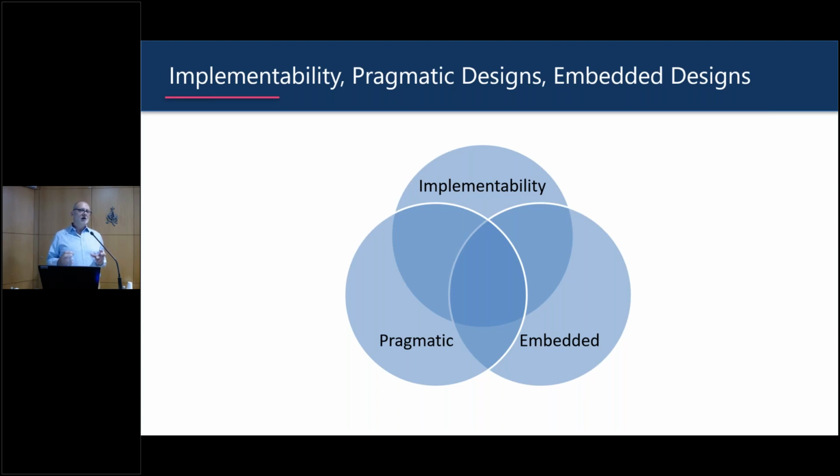There are features that overlap very substantially, but it is often subtly different, in that the purpose for which a particular feature is being utilised within a design can independently influence any of implementability, the pragmatism of the design, and how embedded it is into routine clinical practice.